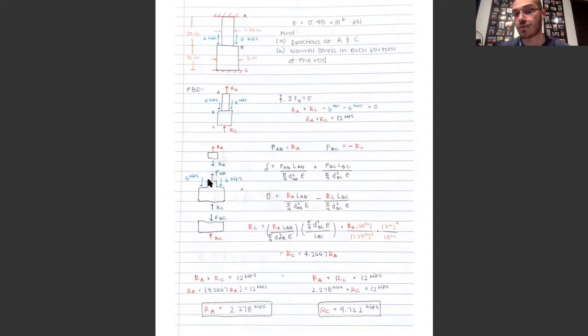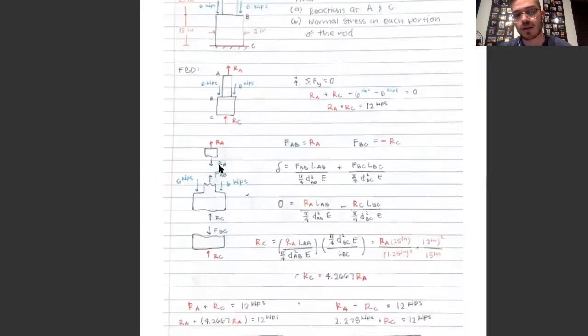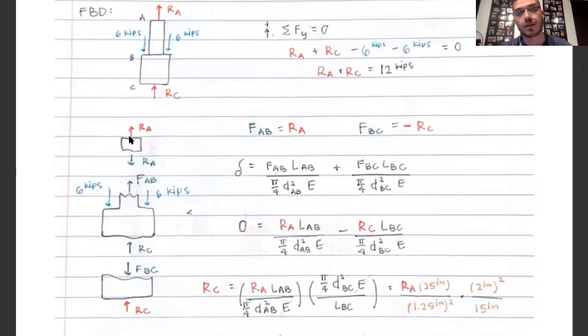Looking at this portion real quick, we can understand that the force of AB equals the reaction force of A. Since the force of AB and the reaction force of A are pointing towards one another, and this entire example will end up having a deformation of 0, we know that these two forces have to cancel each other out. Therefore, they'll have to be equal. And since the reaction force RA is in the positive direction, the force of AB is directly equal to the reaction force A.